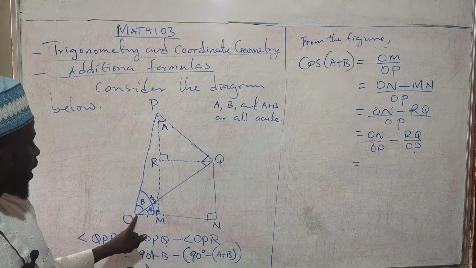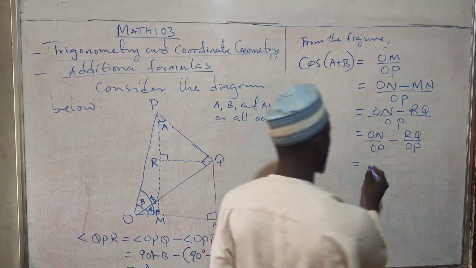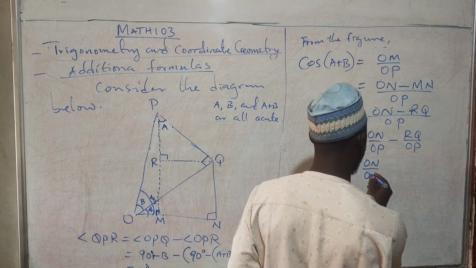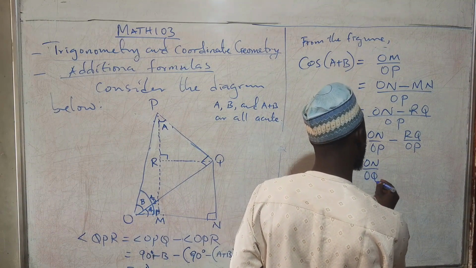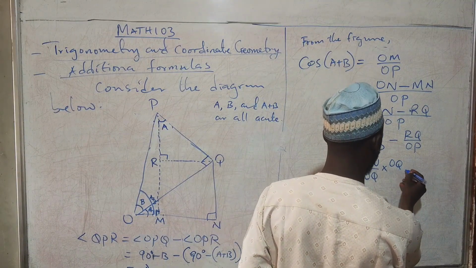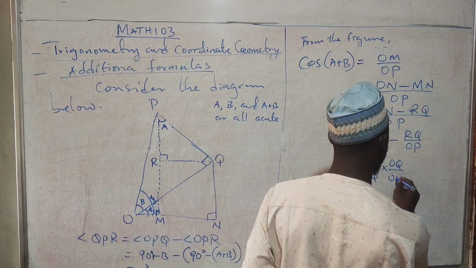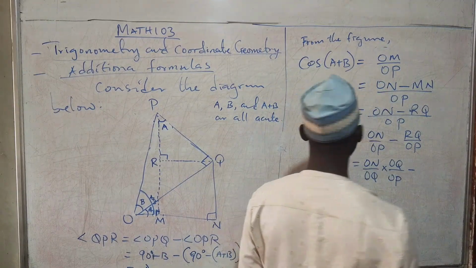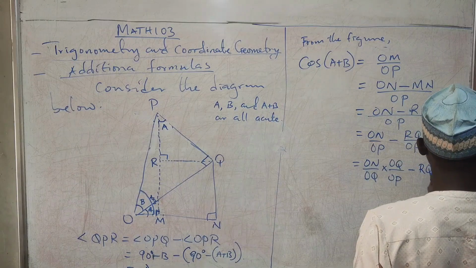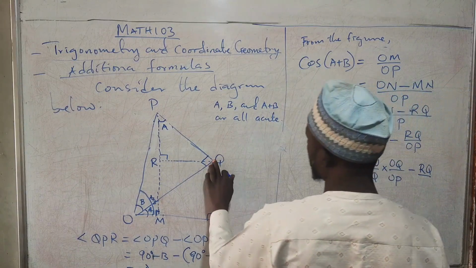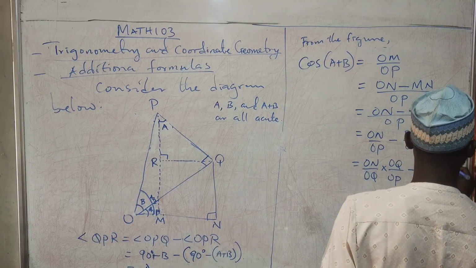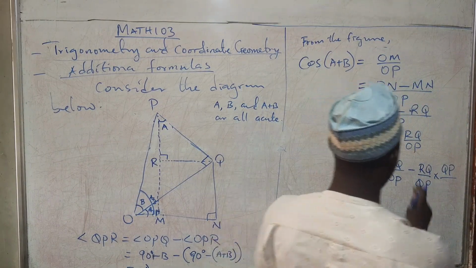So you divide and multiply by OQ, so that you have ON over OQ times OQ over OP minus, so you divide by this line, so you have RQ over QP times QP over OP.